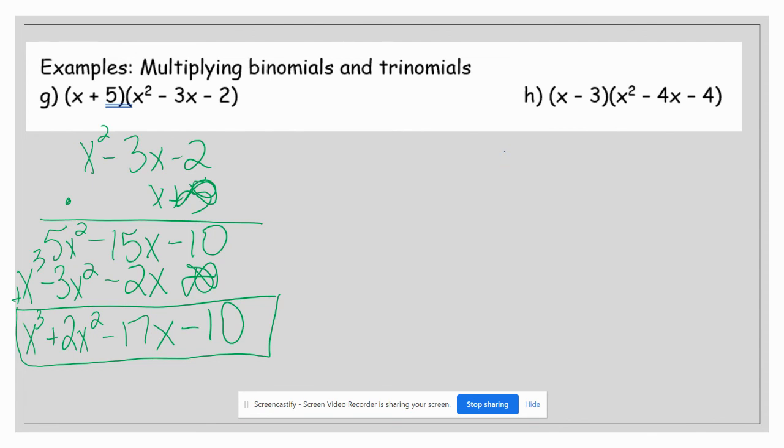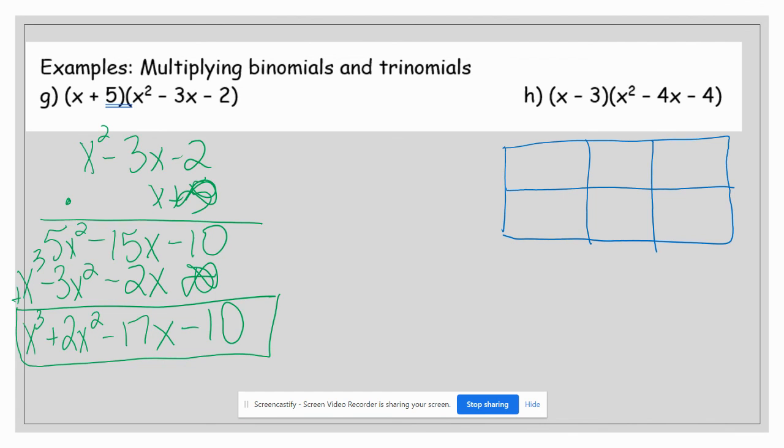I'm going to do example H as one of our Punnett boxes again. Remember, it doesn't matter which direction you go, but I'm going to have my x minus 3 here, my x squared minus 4x minus 4 up on the top. x times x squared is x to the third. x times negative 4x is negative 4x squared. x times negative 4 is negative 4x.